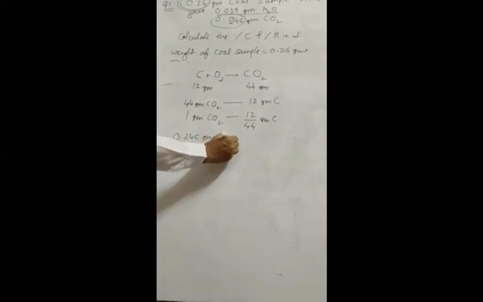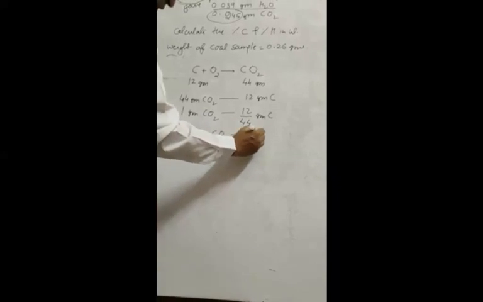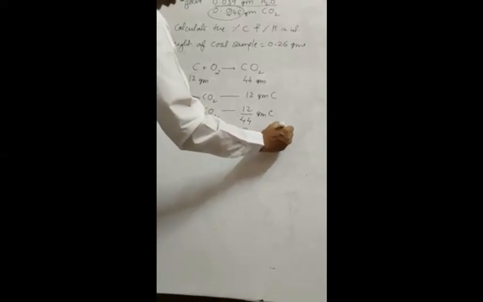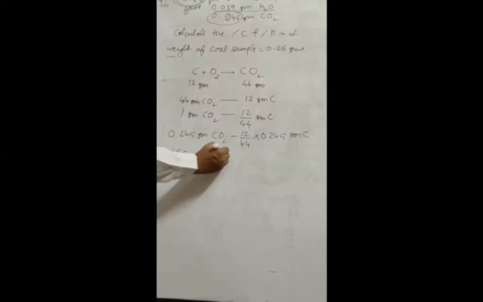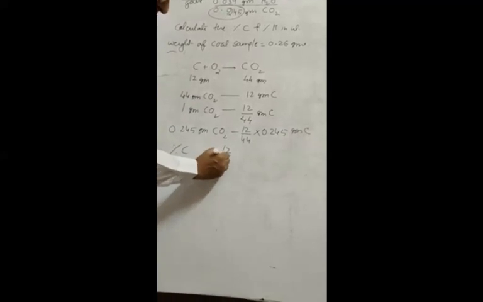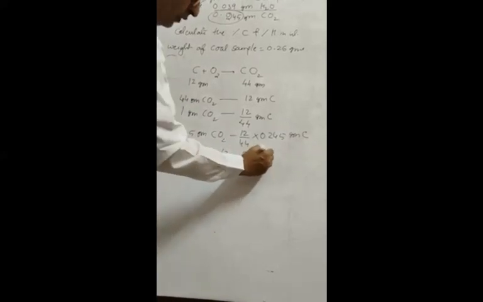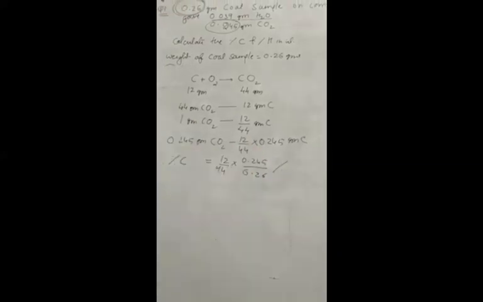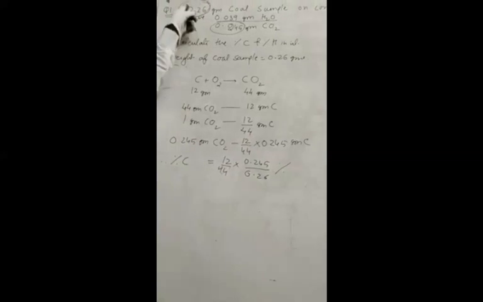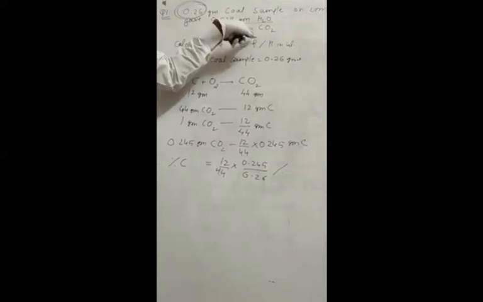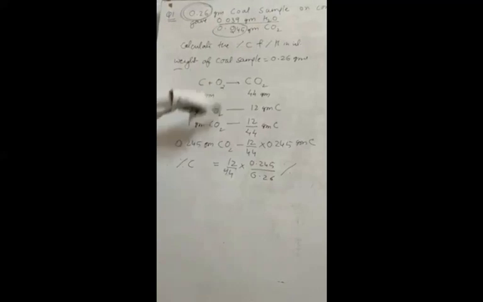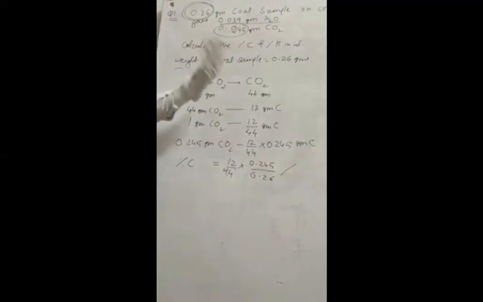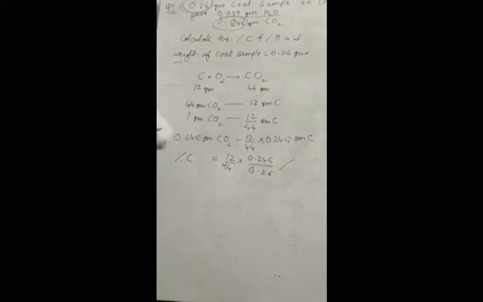It will be 12 by 44 into 0.245 grams of carbon, and therefore the percentage of carbon in the fuel will be 12 by 44 into 0.245 upon 0.26, into 100%. So this is how to calculate percentage of carbon and hydrogen in the given sample of the fuel. We'll do another question related to combustion of the fuel.